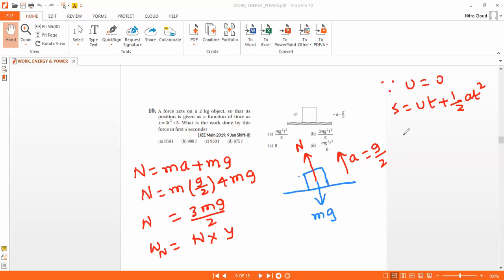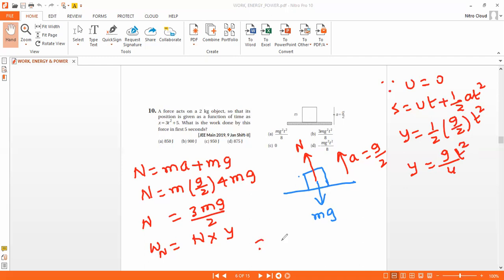So displacement equals half times acceleration, that is g by 2, times t square. Observe carefully, here I am not considering the total acceleration. I am considering only the displacement of the particle, so I kept only the particle acceleration. So y is equal to g by 4 t square.